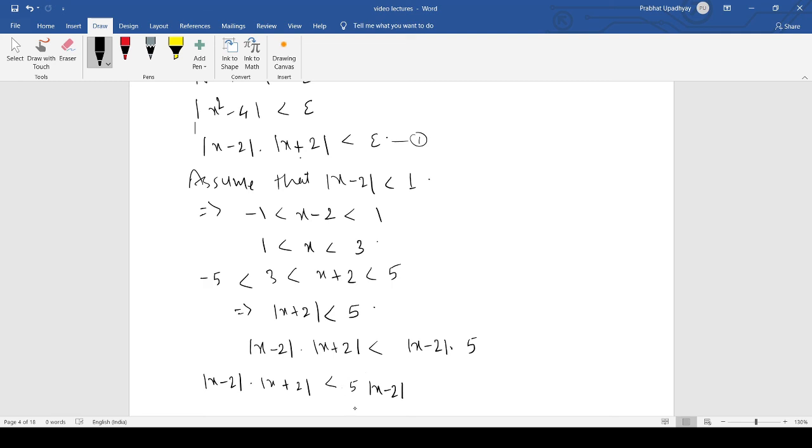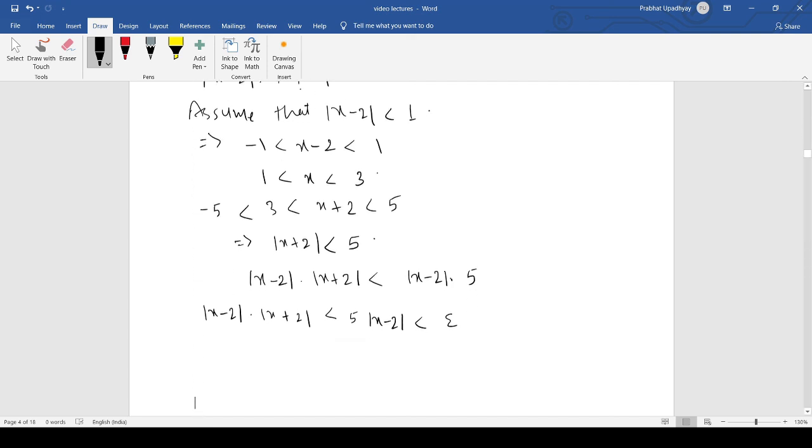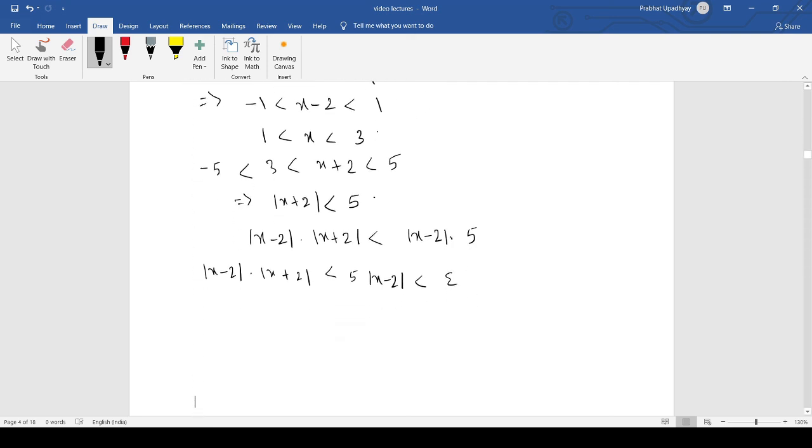So if I make this 5 into mod x minus 2 less than epsilon, automatically mod x minus 2 into mod x plus 2 will become less than epsilon. So what I will try to do, I will try to make this 5 into mod x minus 2 to be less than epsilon, and that means it will give me mod x minus 2 to be less than epsilon upon 5.